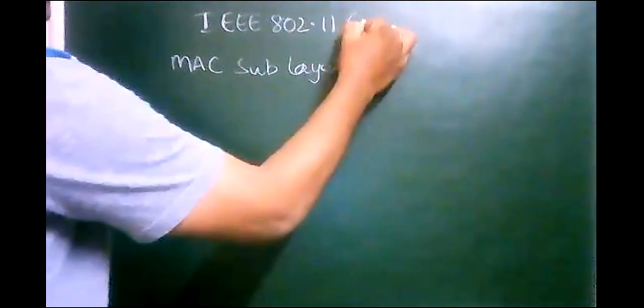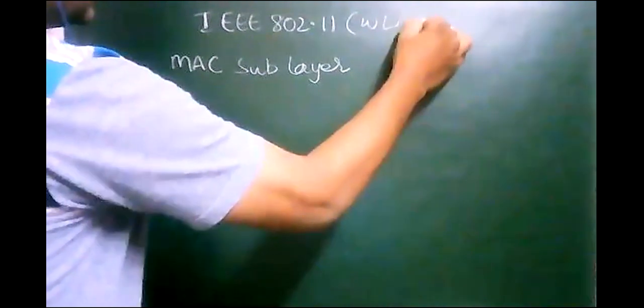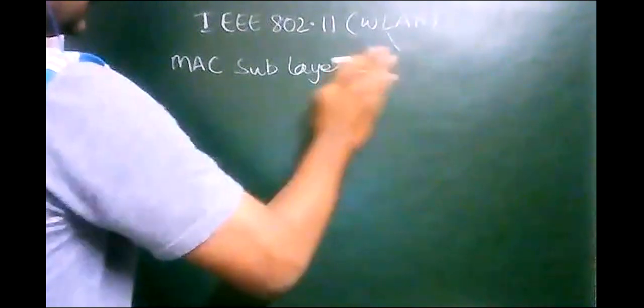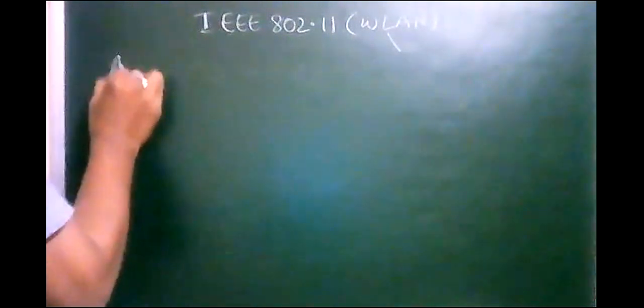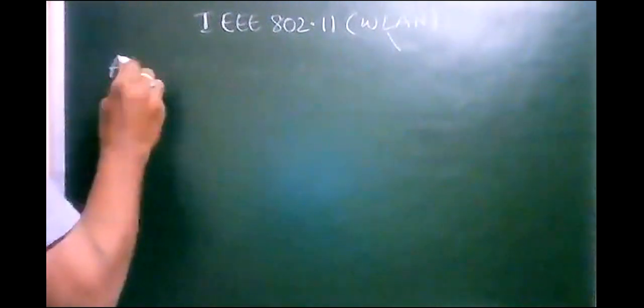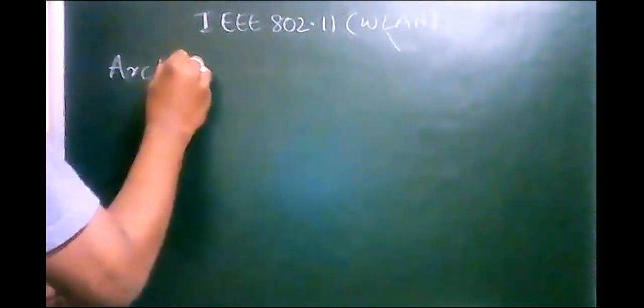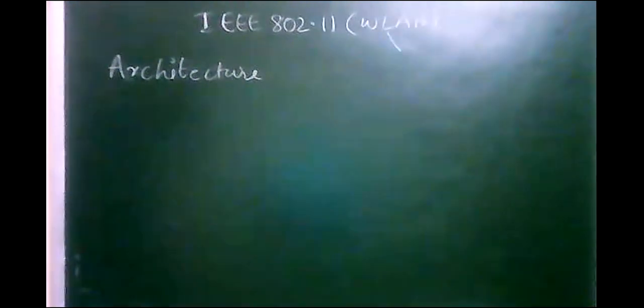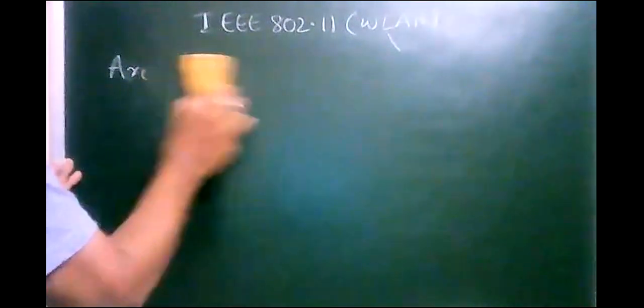So according to this, in the previous class we discussed wireless LAN, in which we discussed the architecture of IEEE 802.11.